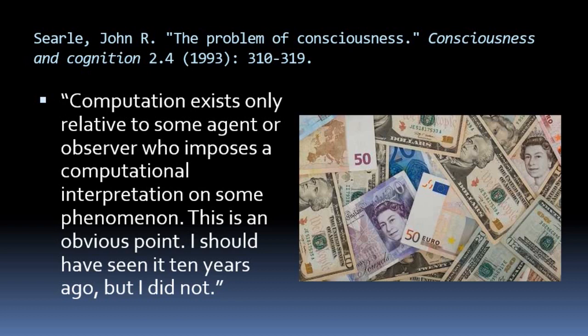But then, of course, there's got to be somebody there to interpret it as computation. And if we are just computers, then who's interpreting us to be computational? There's a kind of infinite regress here where, again, where does the understanding, where does the meaning get into the system? Where does it originate?